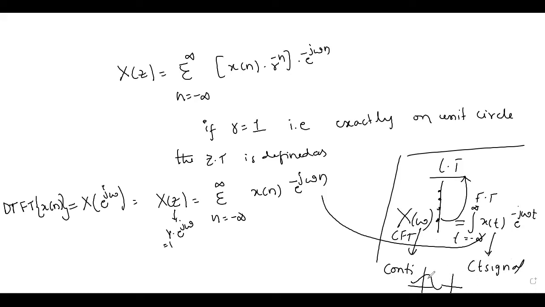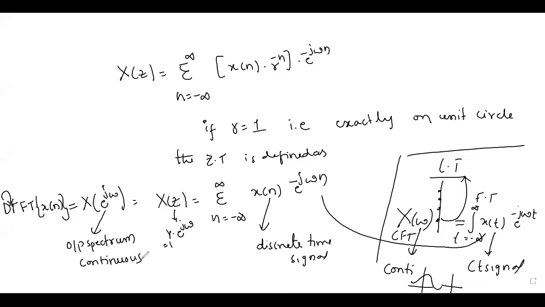Now here, in case of discrete time Fourier transform, x of n, the name itself is suggesting the signal is a discrete signal, discrete in the time domain, a discrete time signal. Whereas X of omega is a continuous output spectrum, not a discrete spectrum. Clear this?